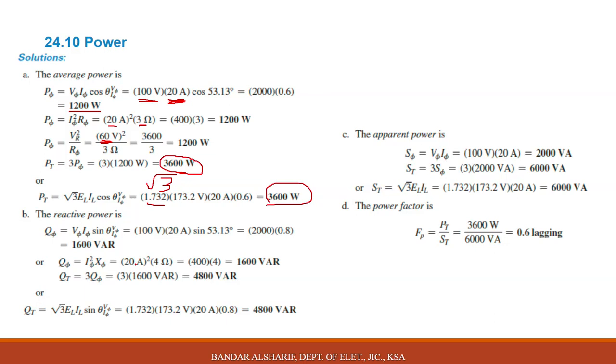Similarly, I squared by X, you get the same answer, and if you need the total, multiply by 3. Or V line, I line, sine multiplied by root 3, you will get the same answer. Try to use the calculator to prove this answer. Make an exercise by yourself for each answer.